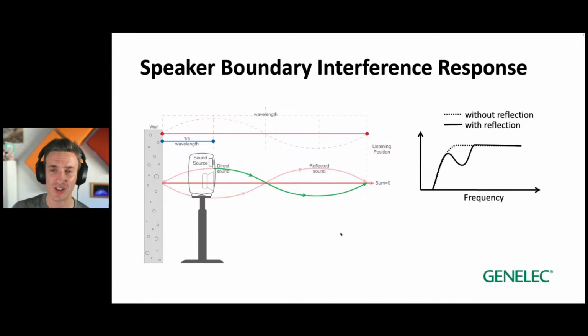Bass is omnidirectional, so the bass frequencies hit the wall, are reflected, and then add up to the direct sound. So you have direct sound and reflected sound, and if you have 1/4 of a wavelength here, which means that the complete path is 1/2 of a wavelength, so 1/4 plus 1/4 is 1/2, then it cancels out completely. And this is why you see these dips at certain frequencies.